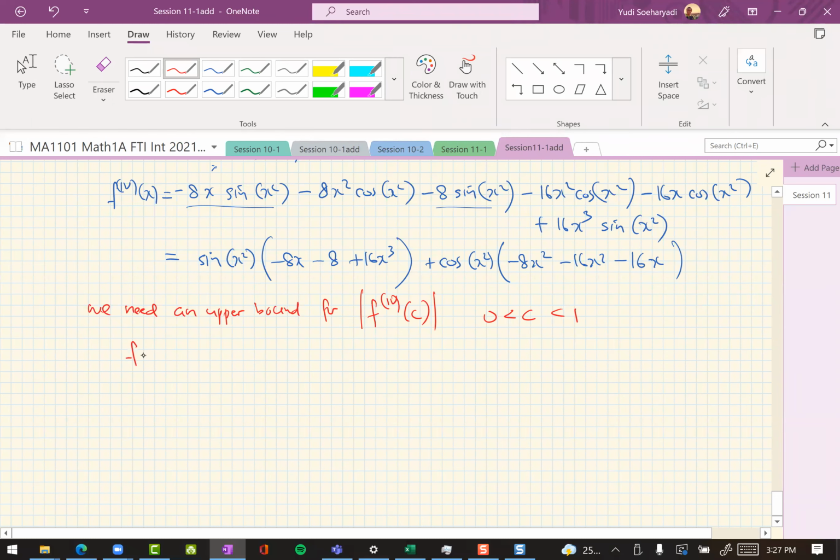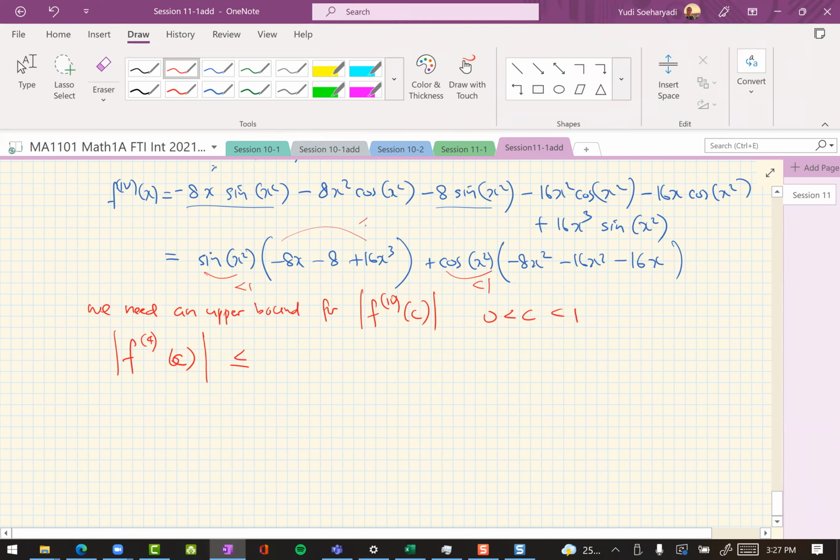So let's see here. Sine squared is less than 1, and this is less than 1.